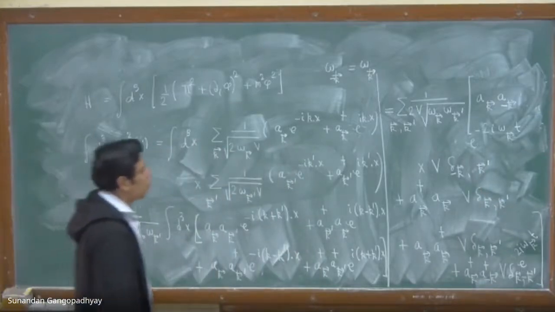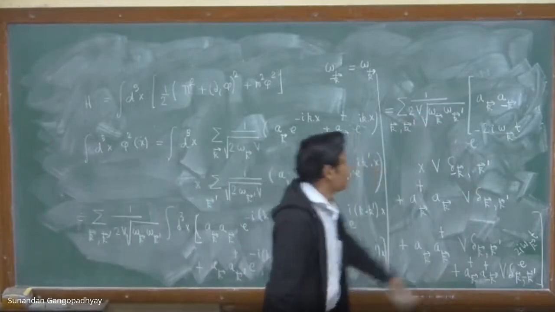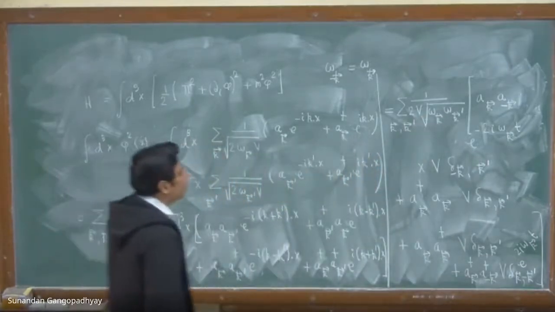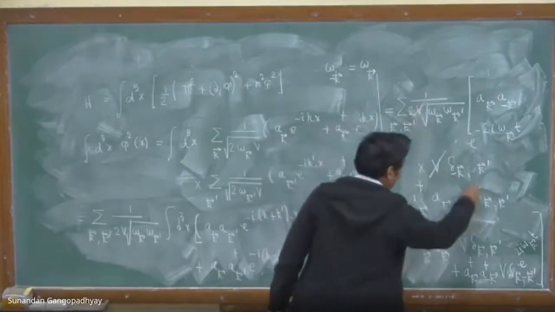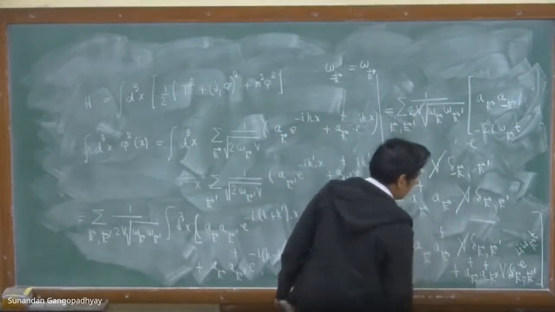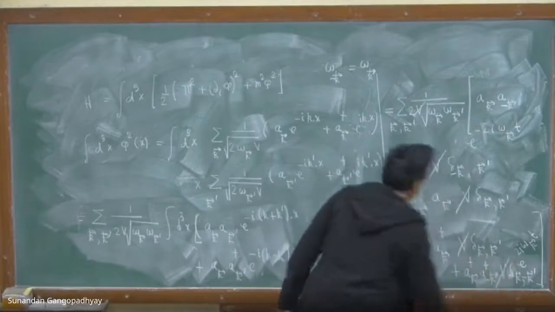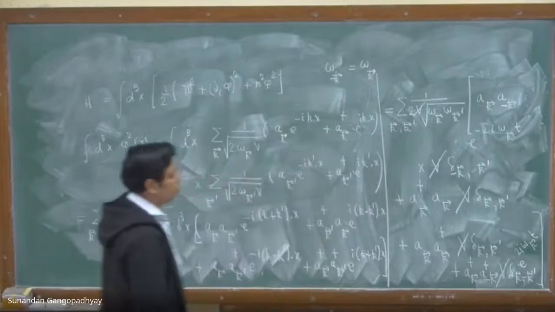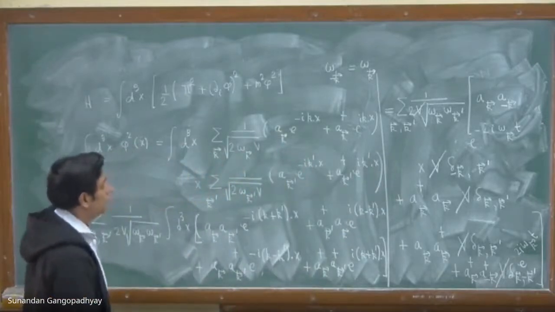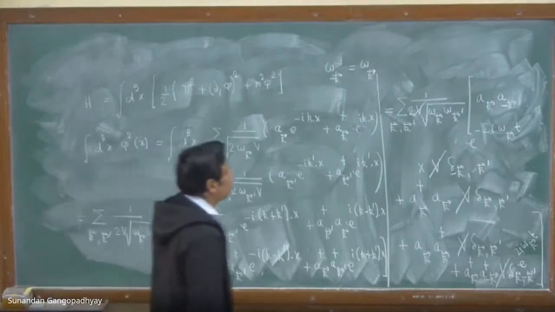Okay, so there are 4 terms, and these are the terms. And you can immediately see that these volume factors will cancel out. One of the summations will go out, and what you will have is the following.